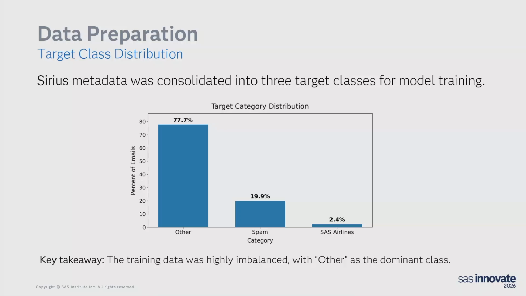First, when we later create sample data for training, we have to adopt certain sampling methods that help us preserve the target class proportions to avoid data bias in the sample data. The second implication is that the overall accuracy metric should not be the only metric we look at for model comparison. This is because you can just have a random model that predicts everything as the other category, and that'll give you 78% accuracy.